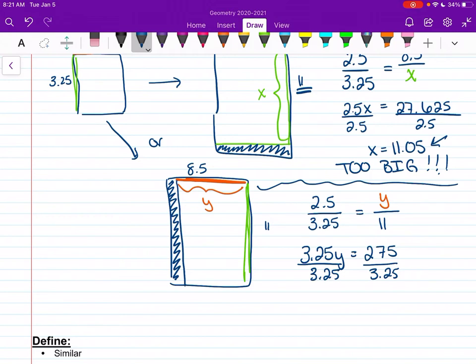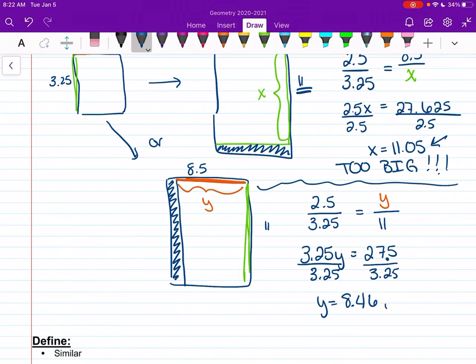Did I mess up? I think I messed up. I think this is supposed to be 27.5. So let me check that. 2.5 times 11. Yes, 27.25. Then divide by 3.25. Forgot my decimal there. It's quite important. So then I get y equals 8.4615, blah, blah, blah.